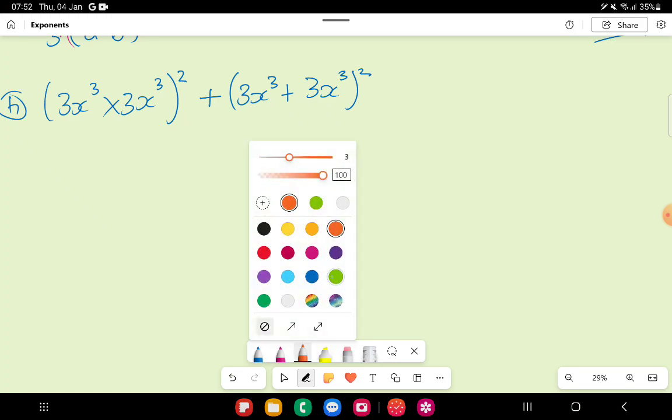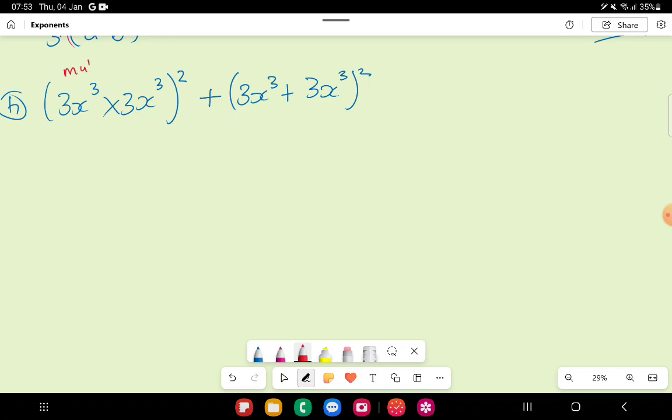Okay, so we have two terms on the board, and the difference here is that this one is multiplication and this one is addition, and the rules are different whether you're multiplying or whether you are adding. So by BODMAS, we're working inside the bracket first.